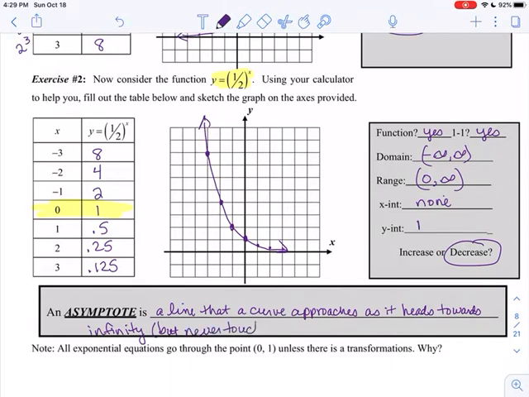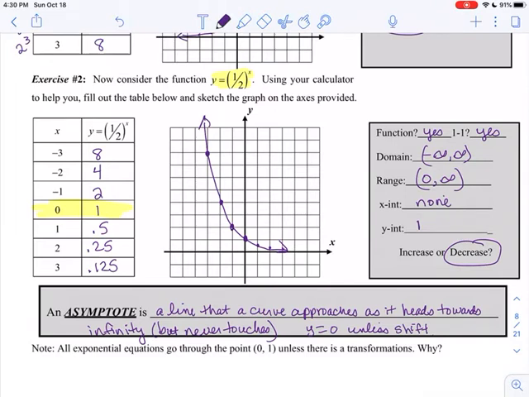But it never touches it. Okay? For our exponential graphs, that asymptote is always going to be the x-axis, or y equals 0, unless I do a vertical shift. Okay? Unless I'm doing a shift.